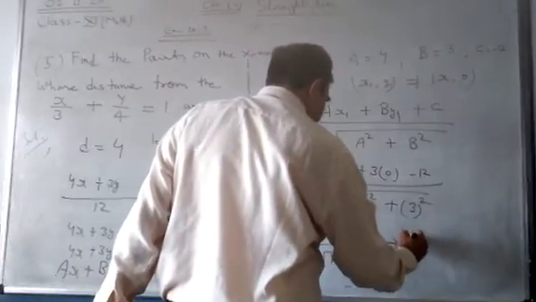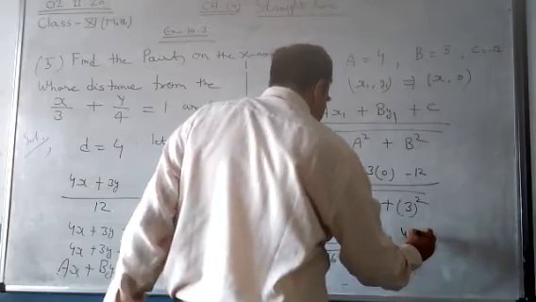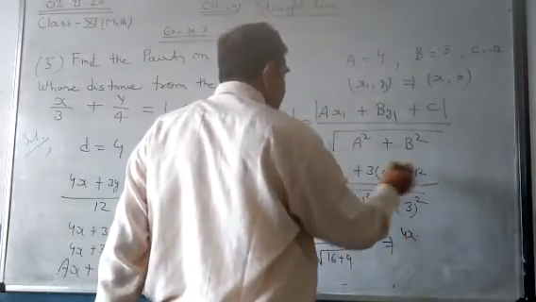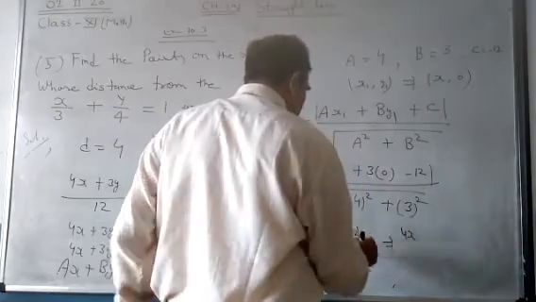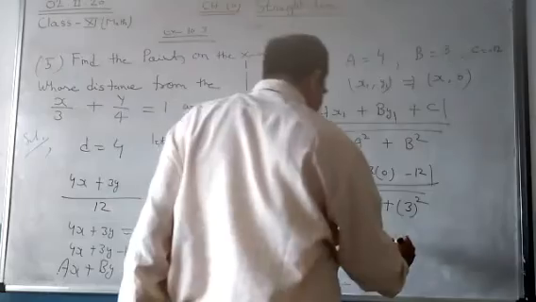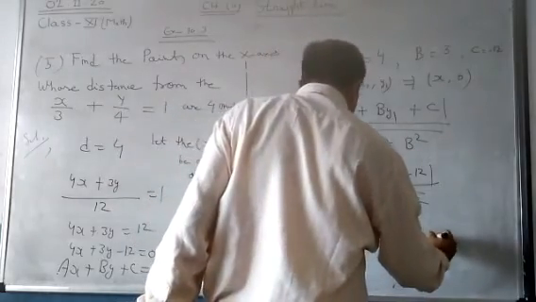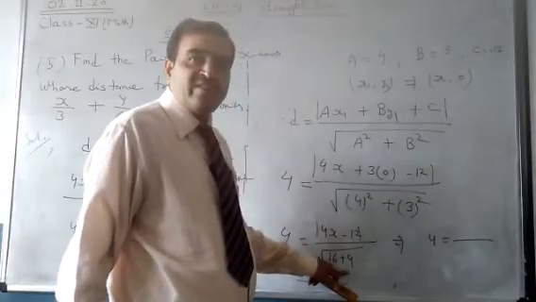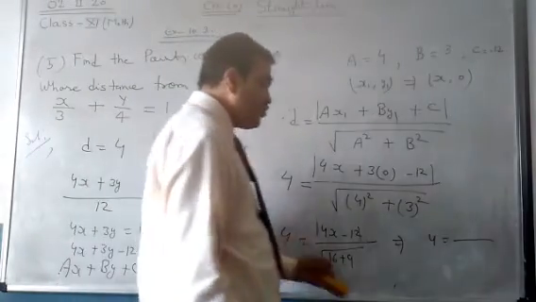So it equals 4x. Here we will also use mod. So this equals 4 upon 16 plus 9, 25, and square root of 25 equals 5. 5 times 4 is 20.